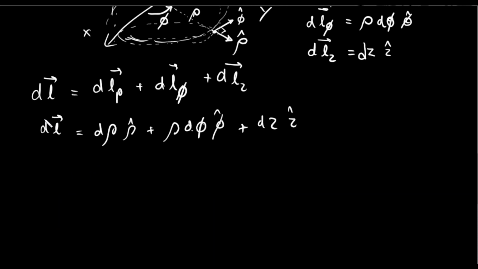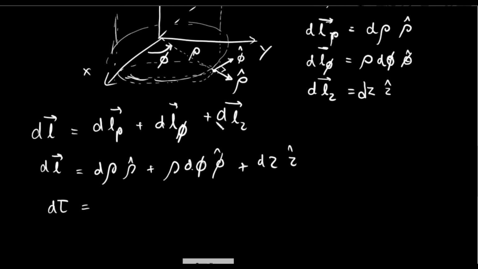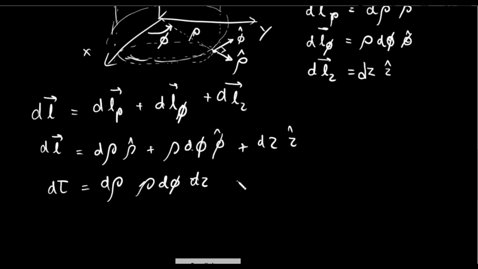Okay, now I can find the infinitesimal volume element. It's going to be d rho, d chi and dz. This is my infinitesimal volume element. So it can be written as rho d rho d chi dz.